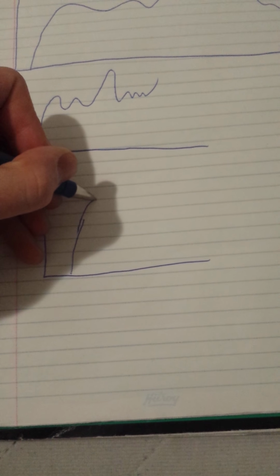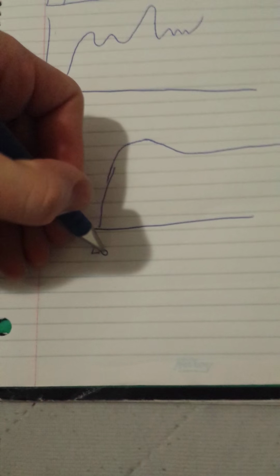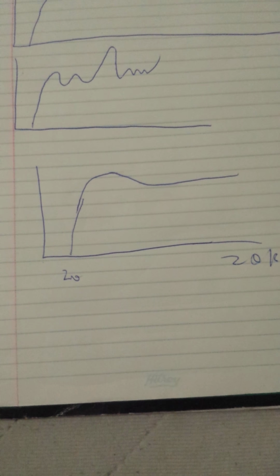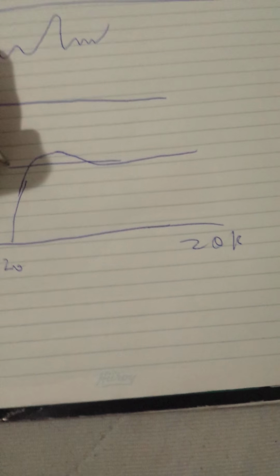So, now with all this new knowledge, when you buy your next set of headphones, maybe perhaps Beats by Dre, and you see that the curve looks something like this, what that means is these speakers are going to be very bass heavy.